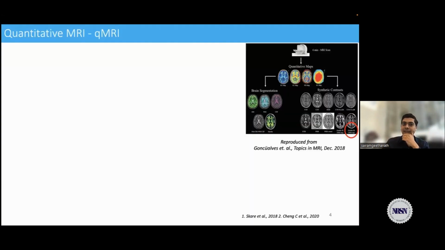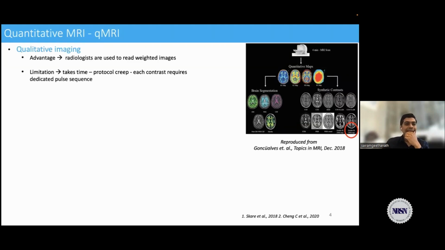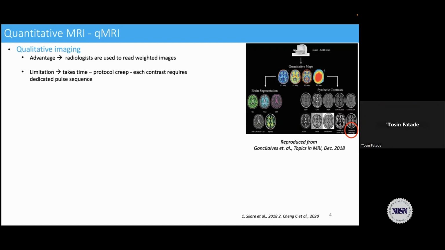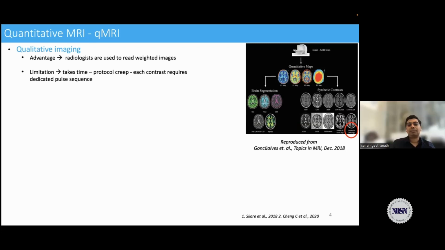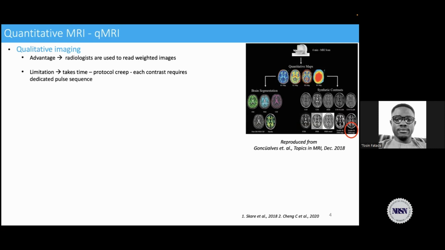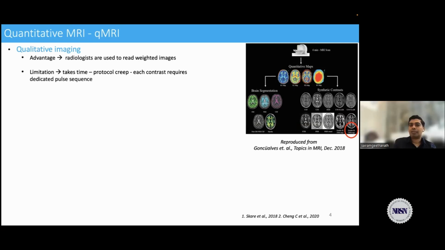Magnetic resonance fingerprinting came about in about 2012, 13, and it kind of advances this idea of quantitative imaging. And I'm speaking to the choir here, but radiologists like yourselves are used to reading weighted images, but the acquisition of some of these sequences takes long, and each contrast typically takes one pulse sequence.